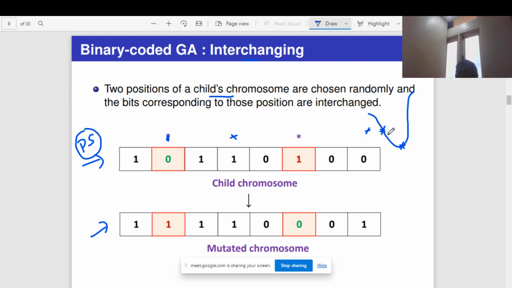We will slowly change. When you change, next you check whether it has improved from the previous solution or not. If it is improved, we will be happy. So this is randomly selected by the user or the programmer. He selects two bits randomly, he changes them, and again he checks this solution against the previous solution, whether there is an improvement or not. If there is an improvement, he will consider it, otherwise he may ignore it. Is it clear?